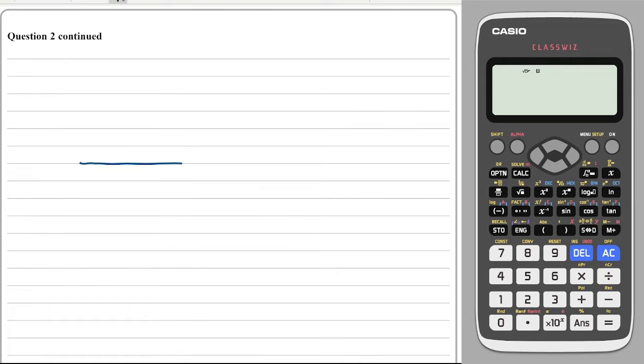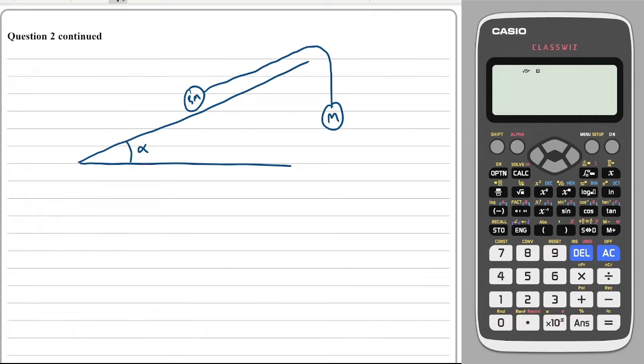So let's first off draw a diagram and put in here alpha, and there was a blob here of 3m, and it went over here, down here, and that was m. And we were told that tan alpha equaled 3 over 4, so I draw a little triangle like this, and I put alpha in here.